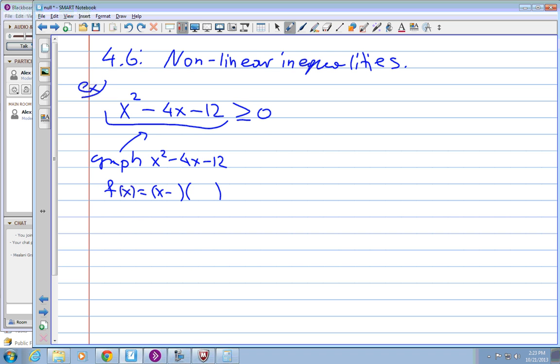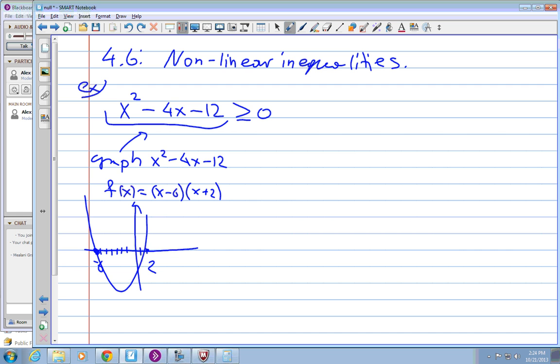So it's x minus 6, x plus 2, right? Those are the x-intercepts. And it's just going to be a parabola like that, right? You agree with that? That's roughly a sketch of that function.